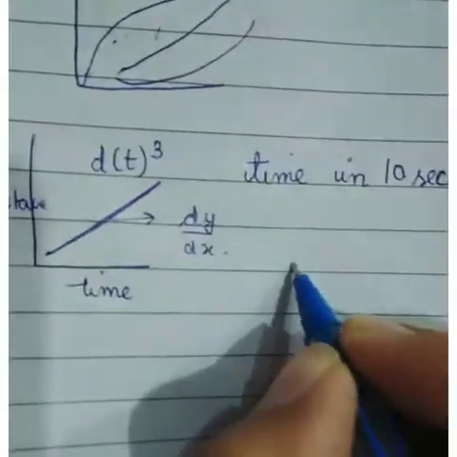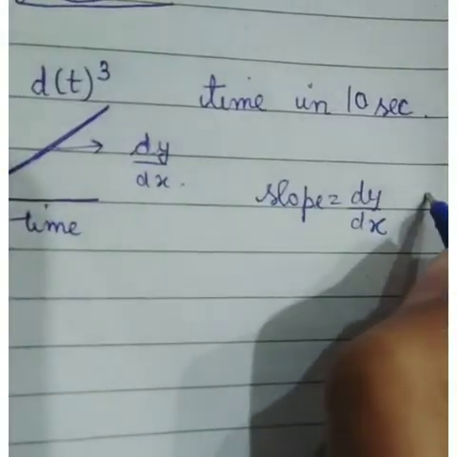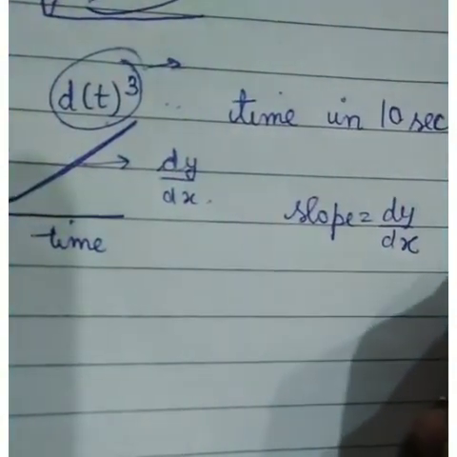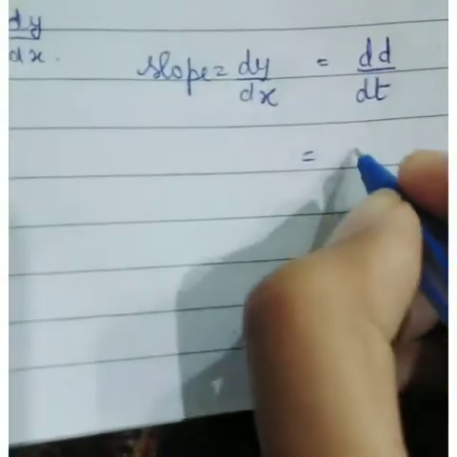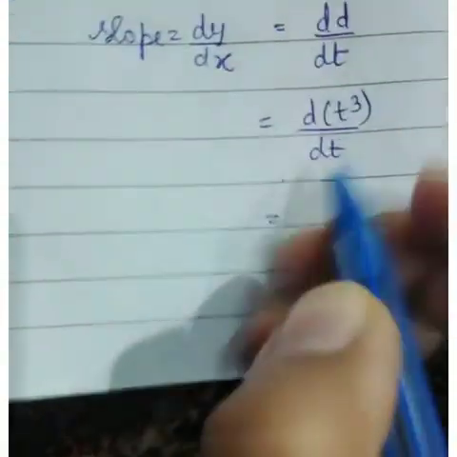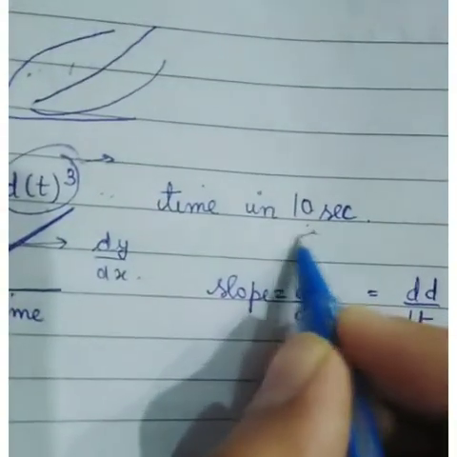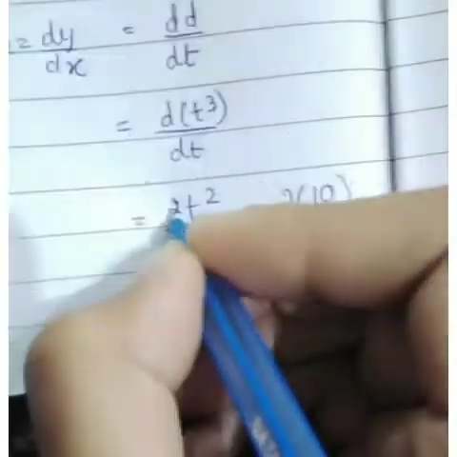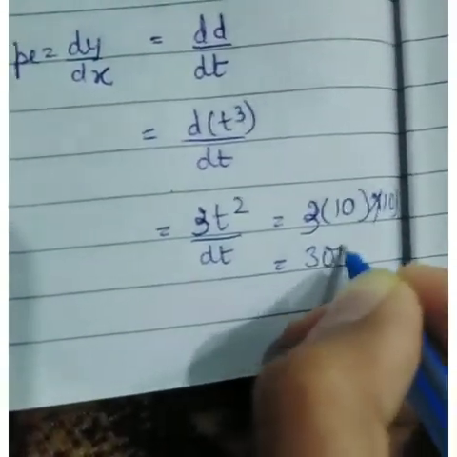So the slope equals d by dt of t cube, which is 3t square. At time 10 seconds, 3 into 10 into 10 gives 300. Okay, so this is your answer.